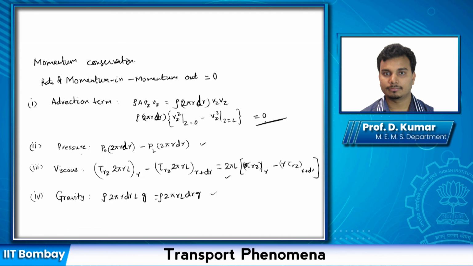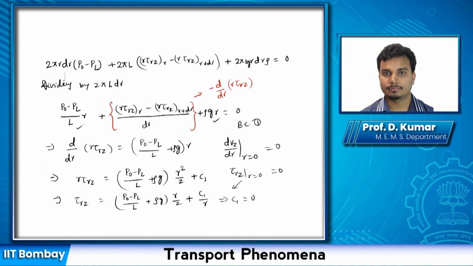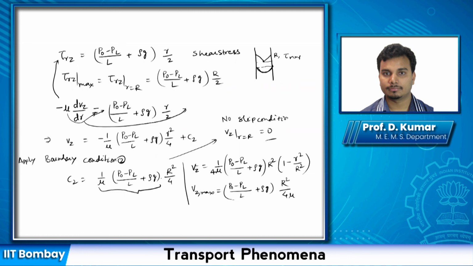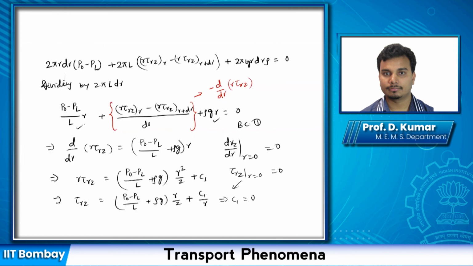Other things responsible are pressure drop, dissipation due to viscous flow, because of viscosity there is some dissipation, and gravity. We had all these terms in energy equations as well. And then we just did the math, which is not very complicated if you follow step by step.